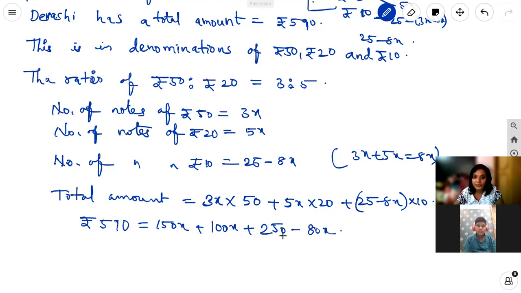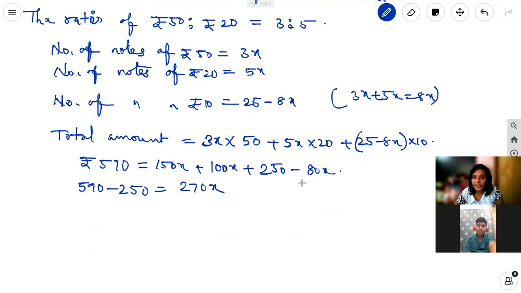It is equal to, taking this 250 to the left side, 590 minus 250 equals 100x minus 80x, which is 20x. Sorry, 100 minus 80 is 20. 20 plus 150 is 170x.